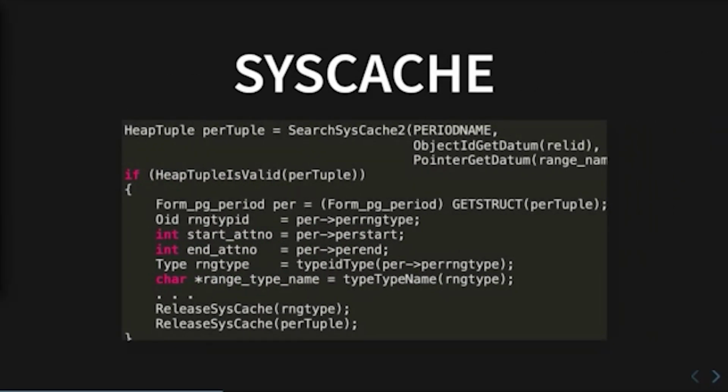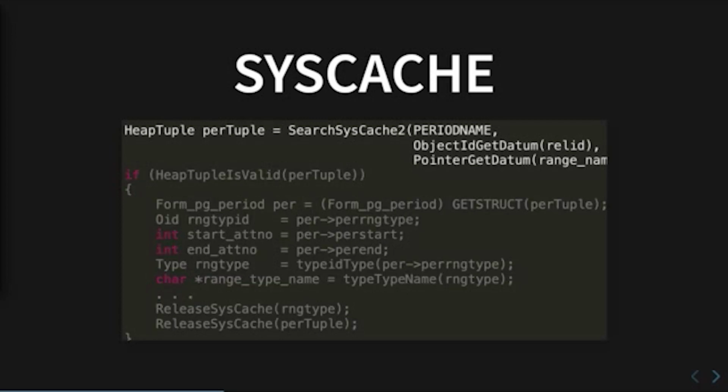Now, another thing that you use in analysis a lot, but also anywhere, is the syscache. The syscache lets you look things up in the system catalog tables, the pg_ tables. Here's for portion of looking up the period name. Here we call SearchSysCache2. The PERIODNAME in caps is the name of the cache, which I added by editing the syscache.c file.